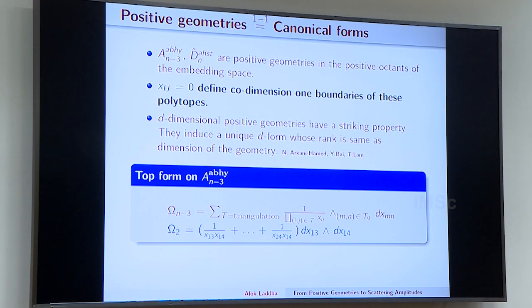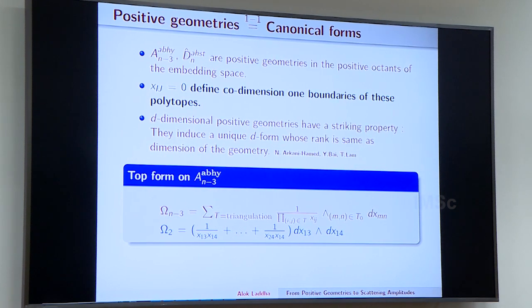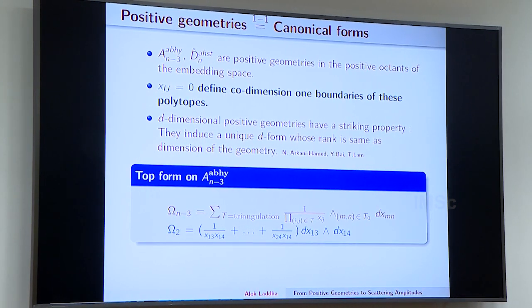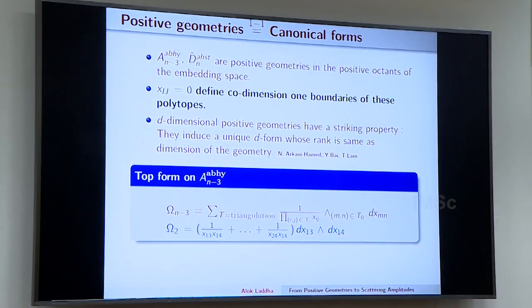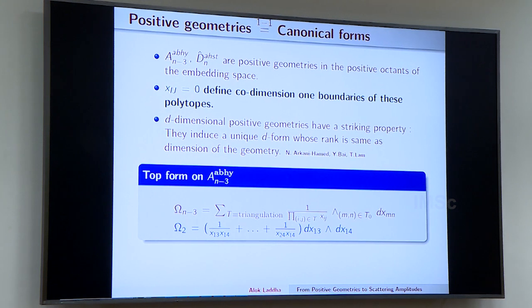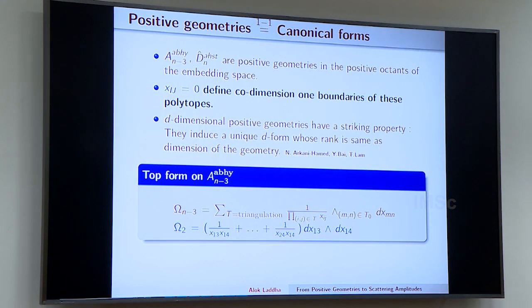Here is the top form on the ABHY realization of the associahedron. The form looks a bit abstract, but let me explain the notation. It's a sum over many forms, where each term in the sum corresponds to a triangulation T. A triangulation is spanned by a collection of chords, the Xij's. So you take the product over all the Xij's and sum over all such triangulations. As a concrete example, I have written the two-dimensional top form for the associahedron.